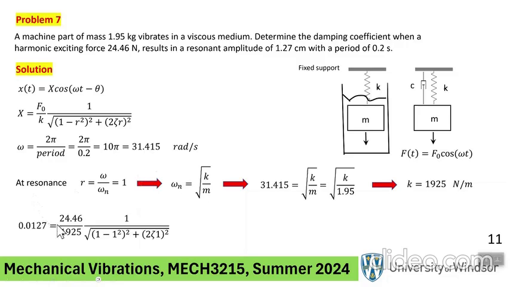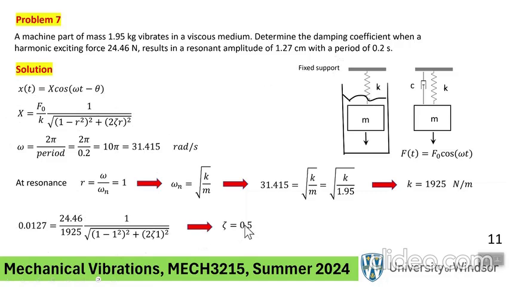So we just write everything in terms of this equation. See that? Write this equation when r is equal to 1. And remember, we are told that when that happens, this amplitude is 1.27 centimeters. So out of that, we get zeta.